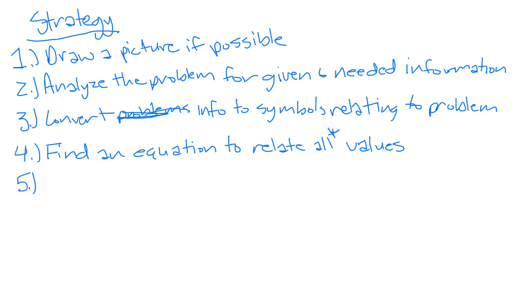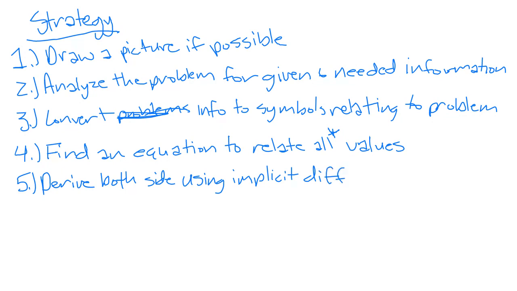Five, derive both sides using implicit differentiation, usually with respect to t. I don't think I've personally ever come across a problem where you didn't derive it with respect to time.